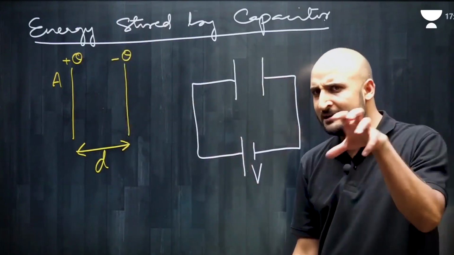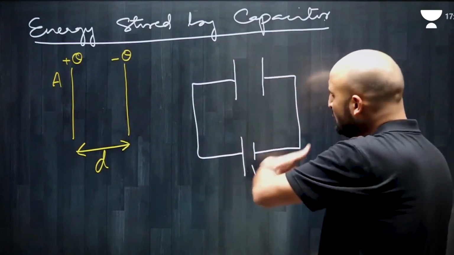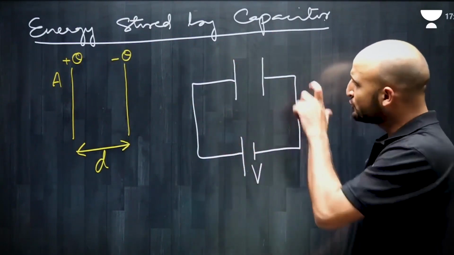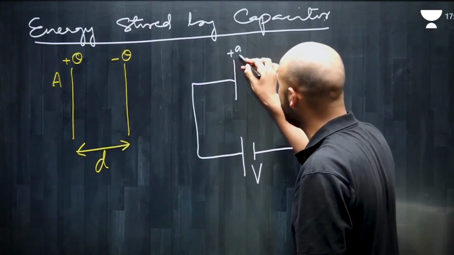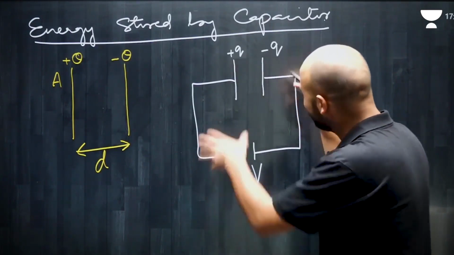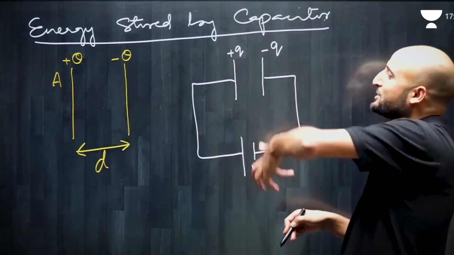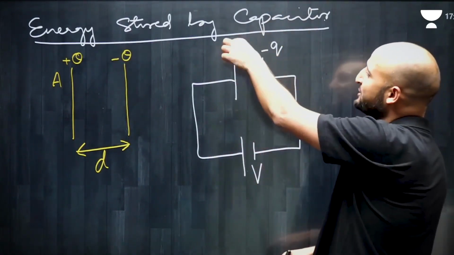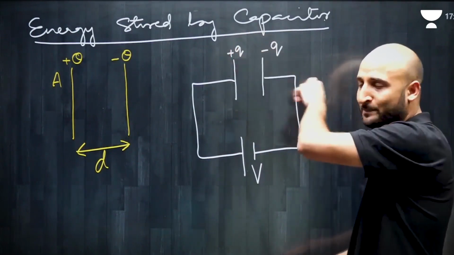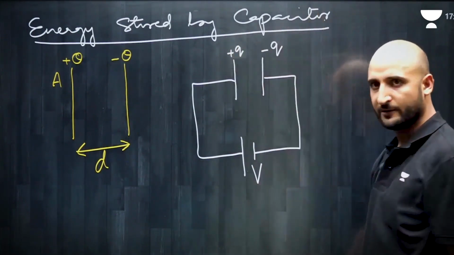In some intermediate state, as the charge builds on the capacitor, let's assume that the charge that has been built on the capacitor is plus Q here and minus Q here. The battery is building up the charge on the capacitor, right? Already it has built up the charge of Q on both the plates, plus Q here and minus Q here.